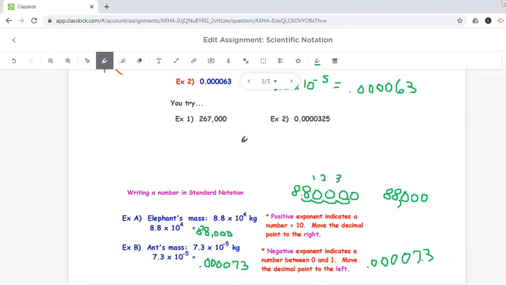So I'll do this one. Again, between 1 and 10. So that is 2.67 times 10. Okay. And we want to make it big because this is bigger. So it will be positive. And then 2.67.